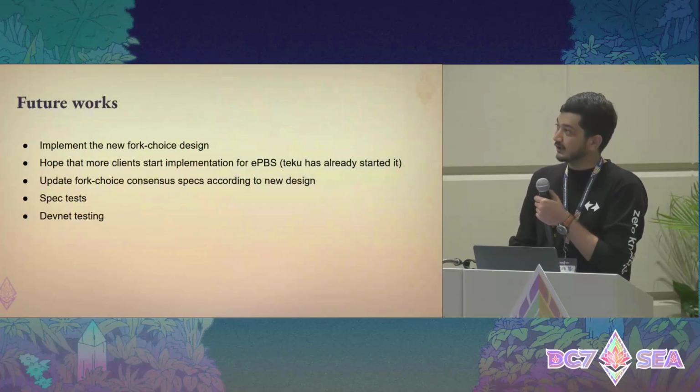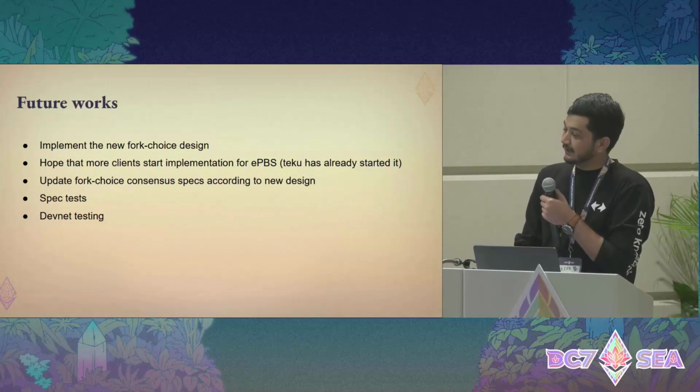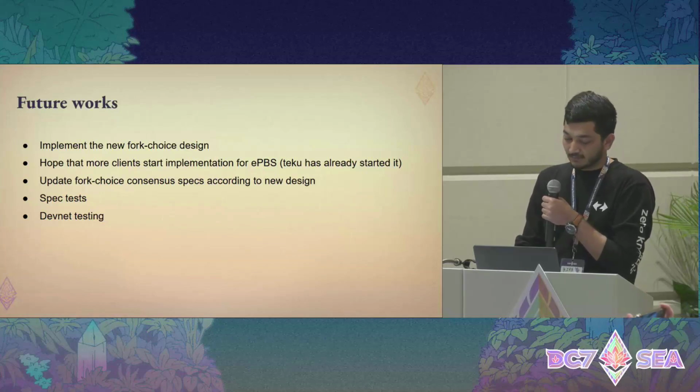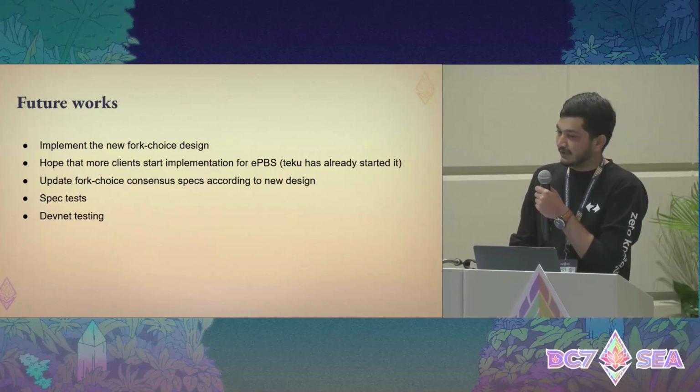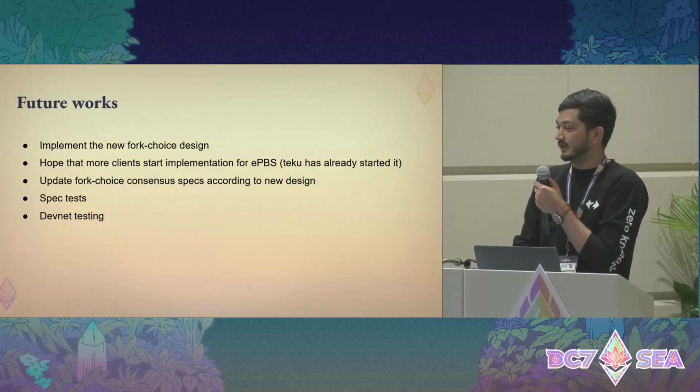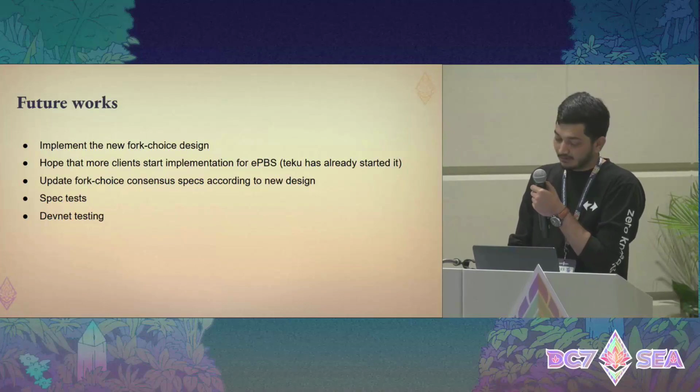For future work, we will implement the new fork choice design. If you have time, I can expand on that a bit more. We also hope that more clients join and start the implementation for ePBS.